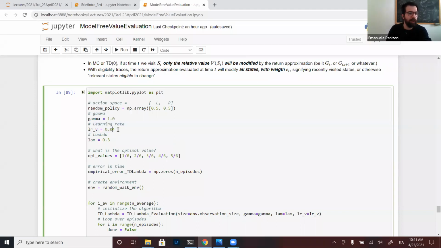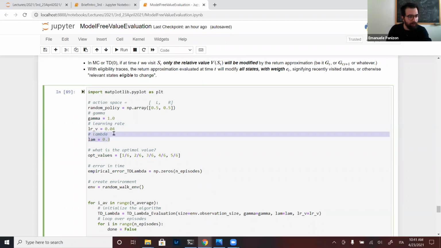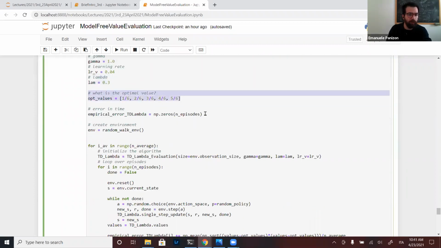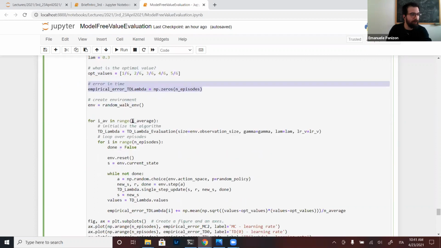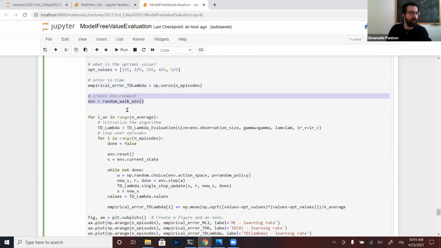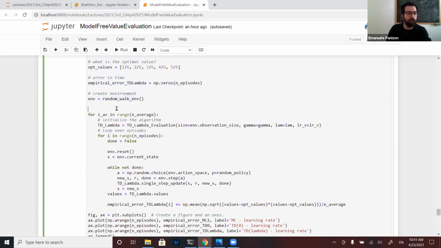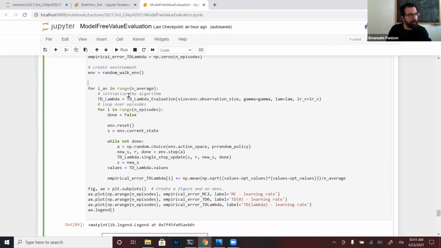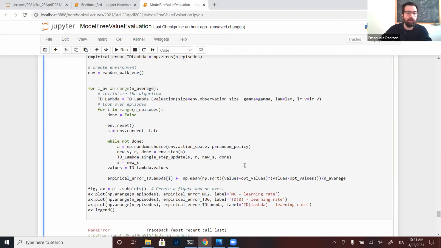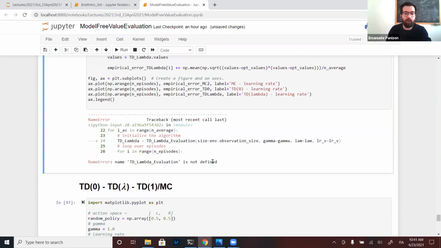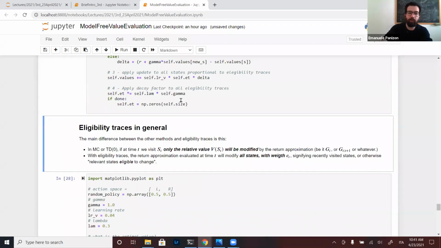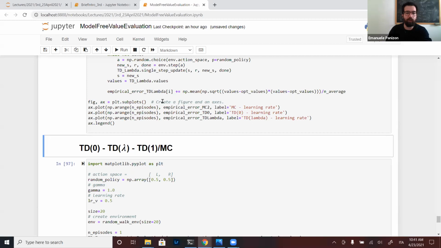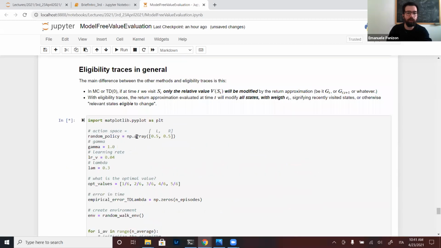Then the last thing is just let's do it again. We take a learning rate, we take a lambda, we know what the optimal value is, we calculate the empirical error, we create a random walk, we do some average runs, and some number of episodes, and we see what the average performance of the TD lambda is. I did not define it, okay, one day I will learn, but not today.